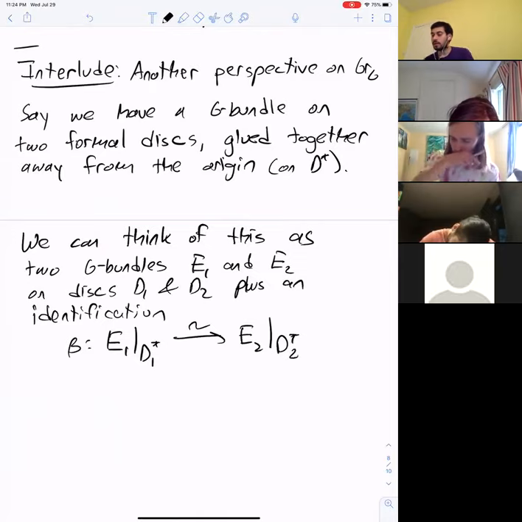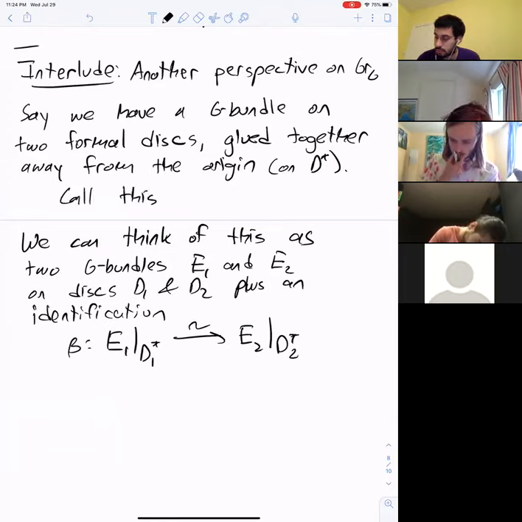So essentially I'm saying these two are the same thing. Also, let's call this weird two-disks-stuck-together thing a ravioli. So having a G bundle on these two disks glued together is the same as having a G bundle on each one, and a gluing datum on the punctured disk.